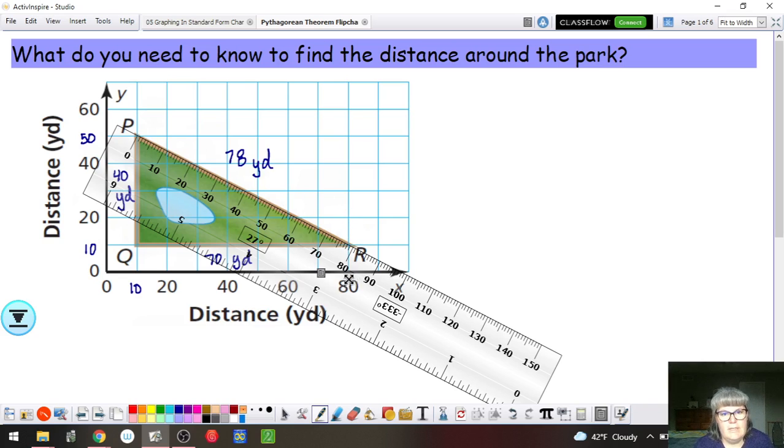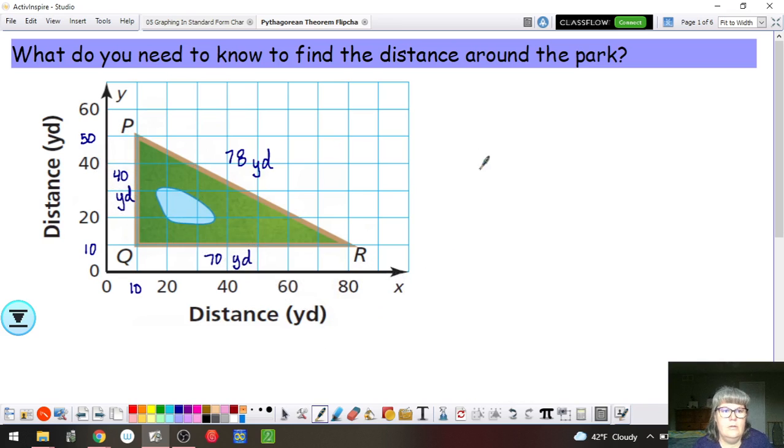Since that's 78 yards, when I measured it out, I should be able to add 40 plus 70 plus 78 for a total of 188 yards.